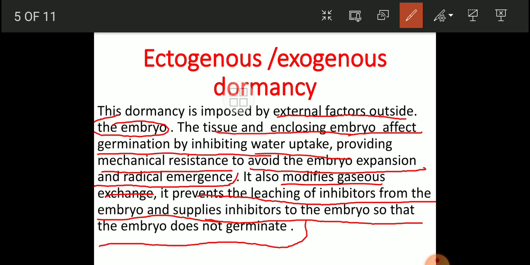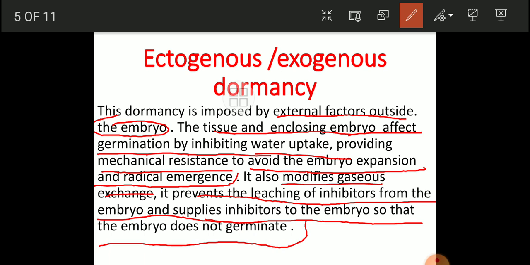Many barriers are developed by external factors. Keep in mind, my friends, that without water and without gases, the germination of a seed is not possible. So there is no exchange of gases and no availability of water.